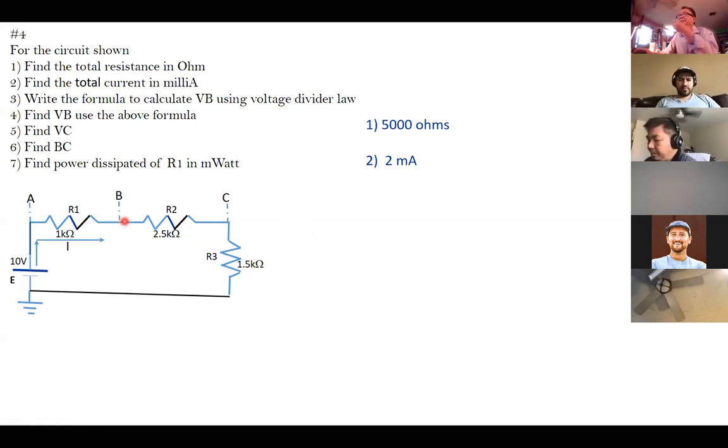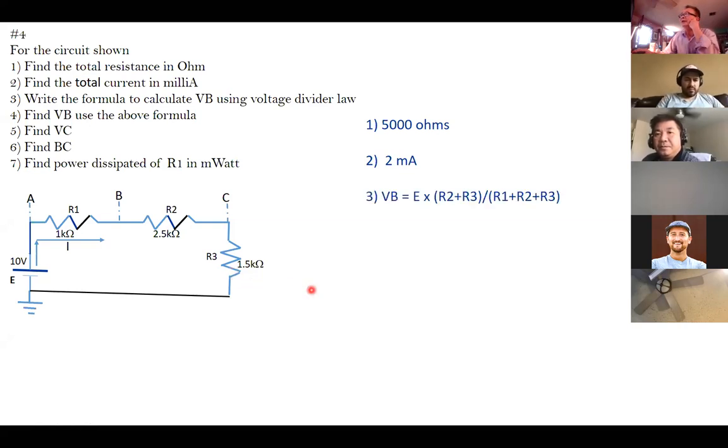Normally you do it this way: you already get the current here, and from B to the ground you have 2 resistors. So basically, you can take I times R2 plus R3. That's normal. However, I want you to know the voltage divider.